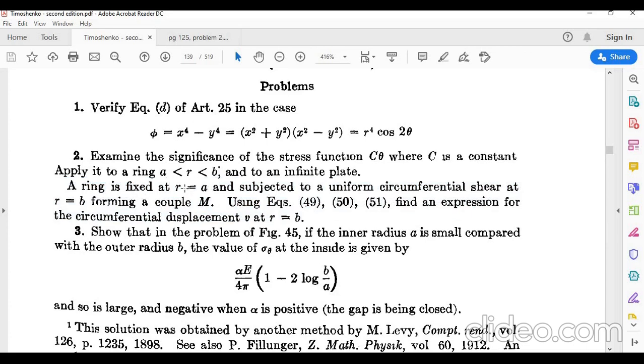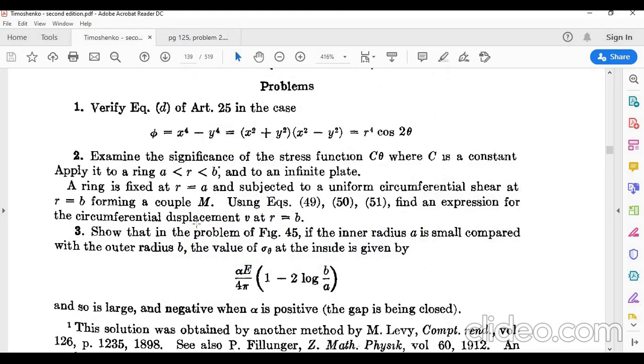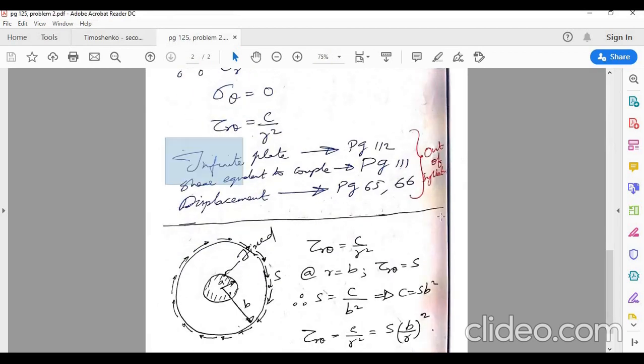Now, the shear and equivalent couple and finding displacements are also out of syllabus. I have given the page numbers here for those who are interested. Some parts of determining the displacement we had used in the derivation for the rotating disk problem, but I'm not giving weightage for the intermediate step as it is. So we can neglect this part, saying that it's not part of the syllabus.